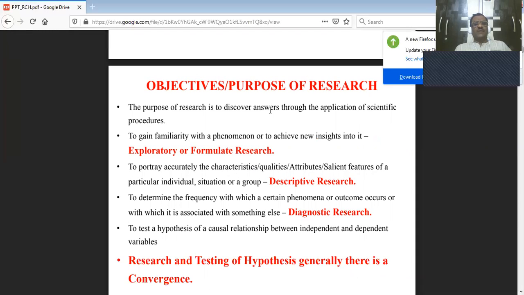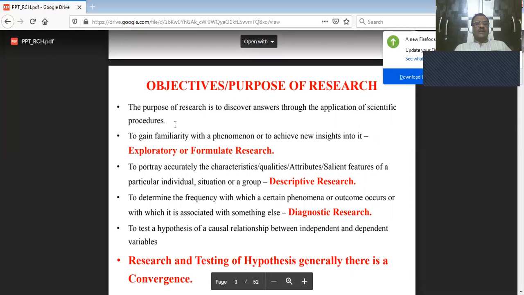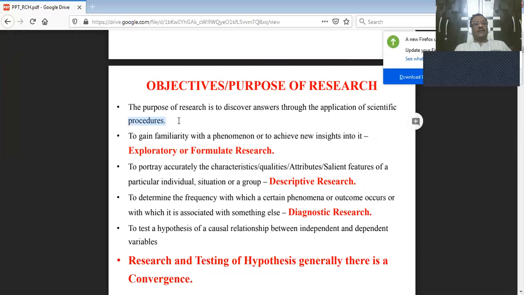Basically, the purpose of any research is to discover answers through the application of proper scientific procedures. So question it, get its relevant data, analyze it, have a proper understanding of the phenomena and try to develop your own solutions.